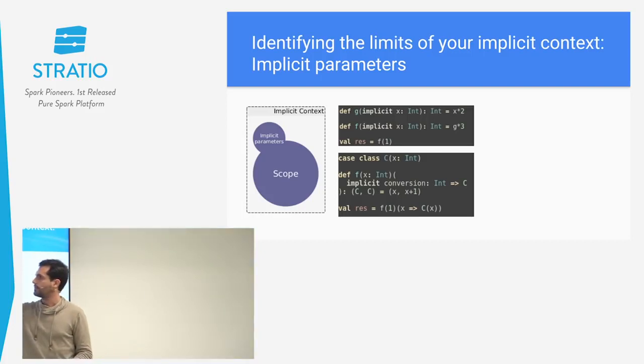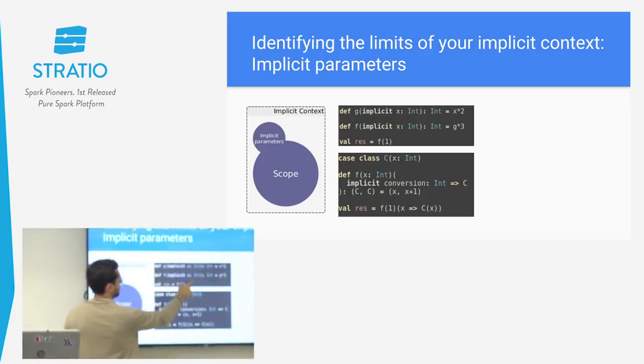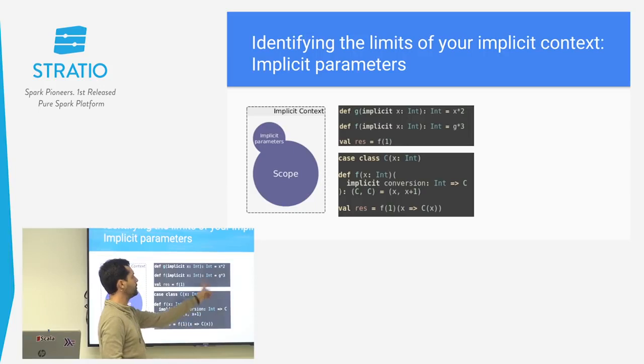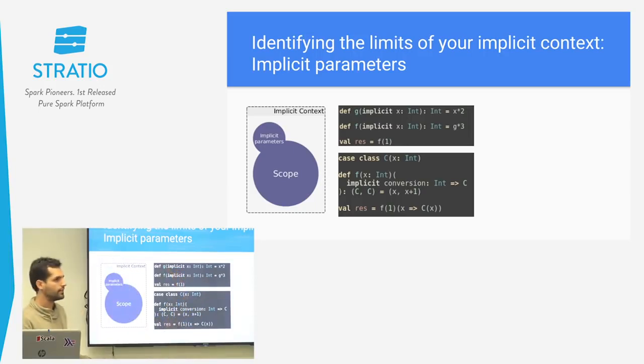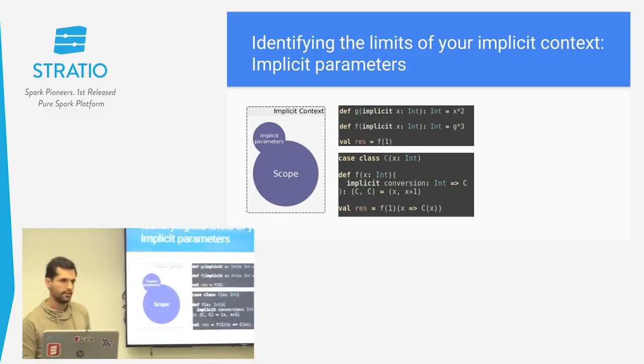So we have another function, f. f is exactly the same, receiving a value of type int and returning it. But it is calling g. As you can see, the call of g is without anything. There is nothing there. This should fail, okay?